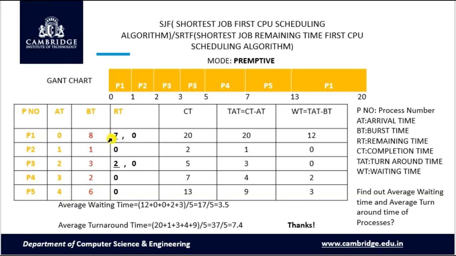As far as shortest job first or shortest remaining time first CPU scheduling algorithm is concerned, CPU is going to give the prominence to the shortest job, so that this job is going to complete in less time compared to P1, which requires 7 remaining time. That means P5 is going to be scheduled here.